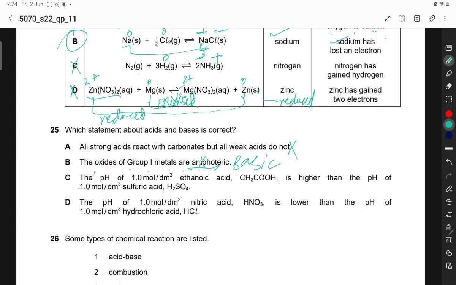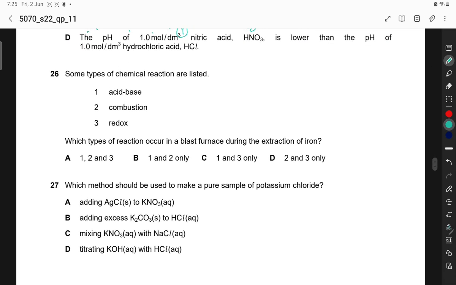The pH of 1 mole per dm cube ethanoic acid is higher than the pH of 1 mole of sulfuric acid. It is a weak acid, so its pH is higher than that of 1 mole of sulfuric acid. Yes, this option must be correct because the pH of ethanoic acid is 3 while sulfuric acid is 1, so it is lower than this. So C option is correct.